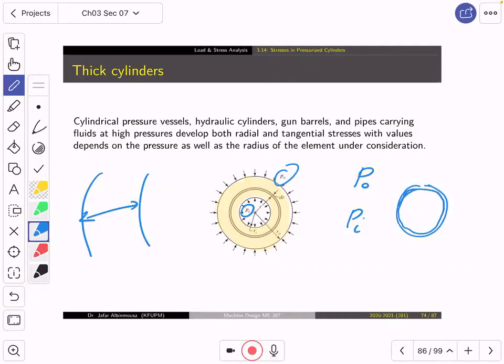These two classes are known as the thick wall cylinders and the thin wall cylinders. Understood, ya shabab? Now, if we have a thick wall cylinder, we will call the outside radius Ro. And we will call the inside radius Ri. And any radius in between, we will call it r. r means, I don't know, is it outside or inside? It's in between. Okay? Any questions so far?